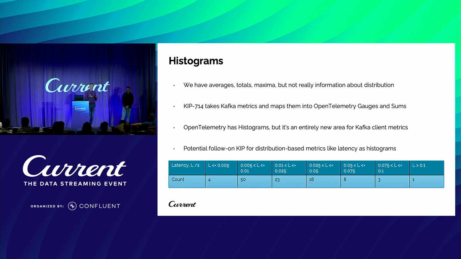So what we're thinking of is extending it to support histograms, and then extending KIP 714 technology in order to support histograms as well. So you'll be able to get distributions and find out that 50% of the latencies were under 50 milliseconds or whatever. That'll be really quite useful for analyzing performance problems. And that will take another KIP, and we're still in the thinking phase of that, I would say.